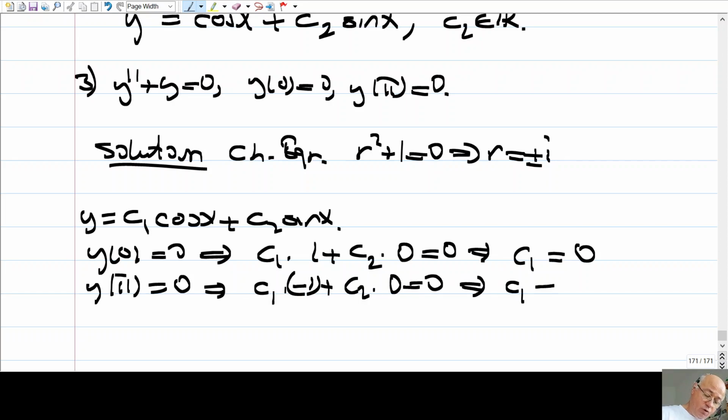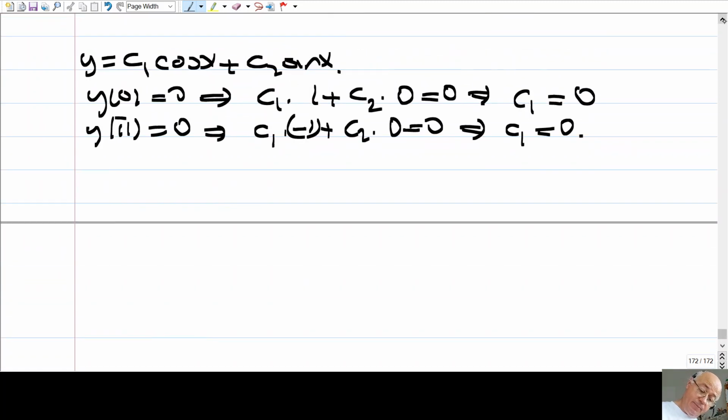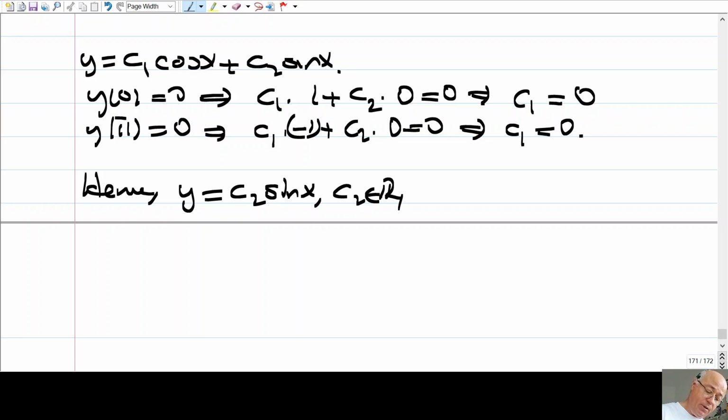Well, this also gives the same thing, c1 equals 0. And there is no condition on c2. Hence, y equals c2 times sine x. c2 is any real number, therefore infinitely many solutions.